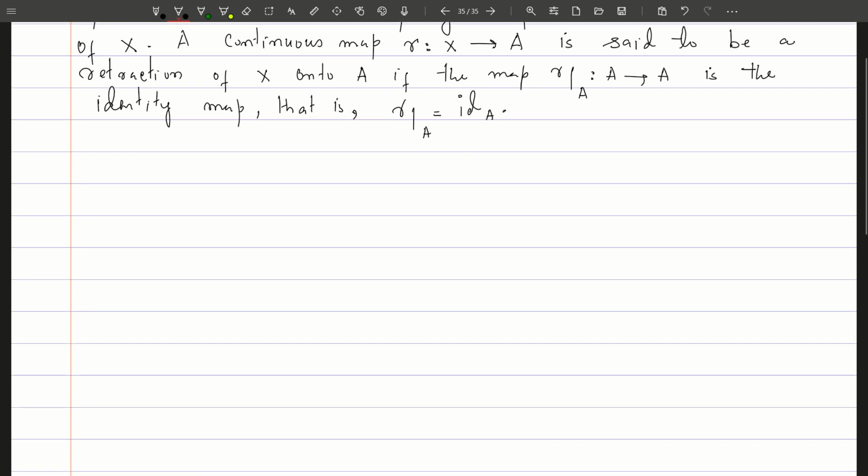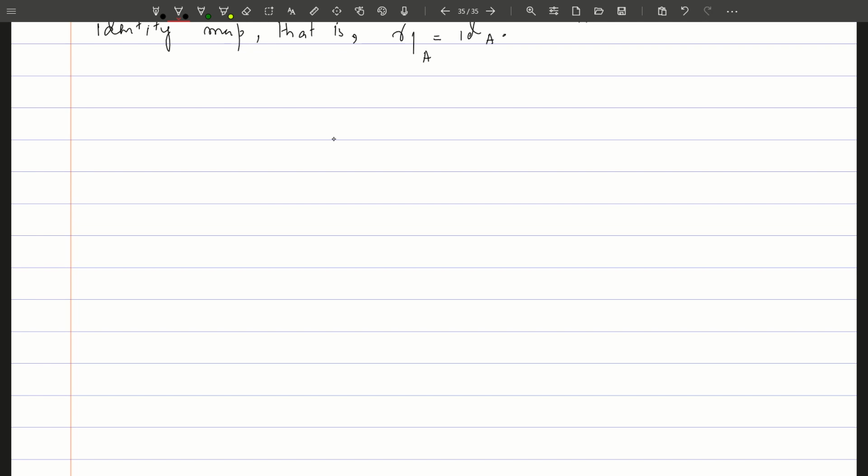And let us give an example of a retraction.